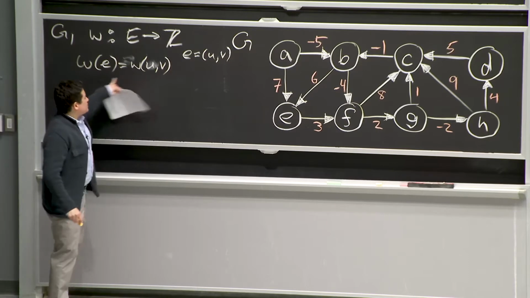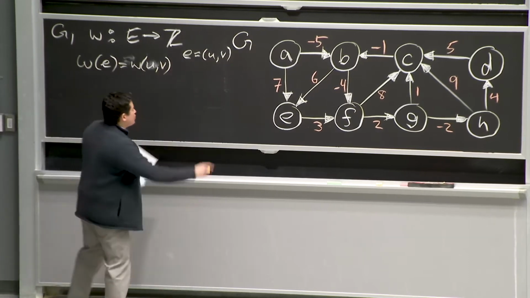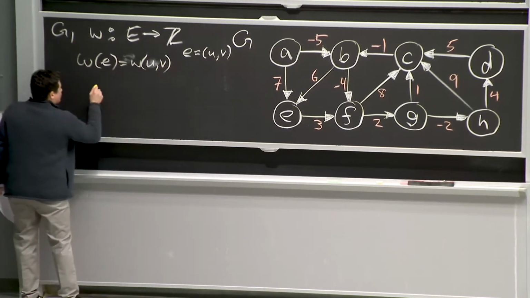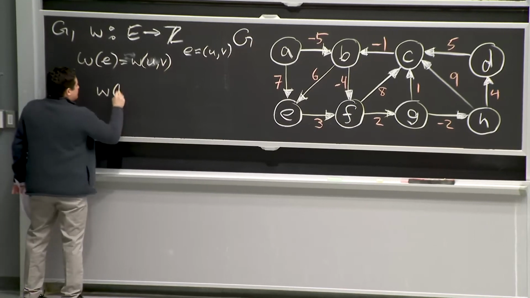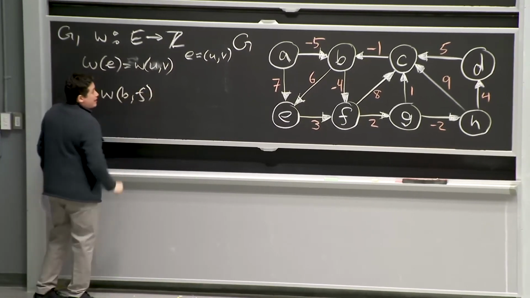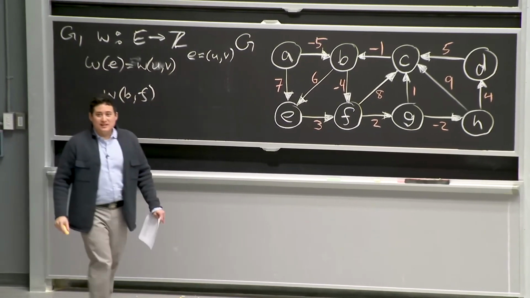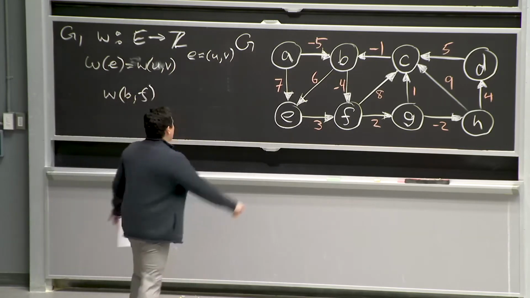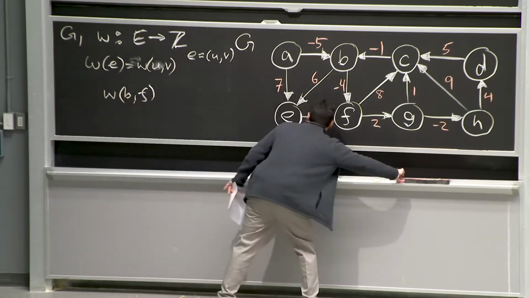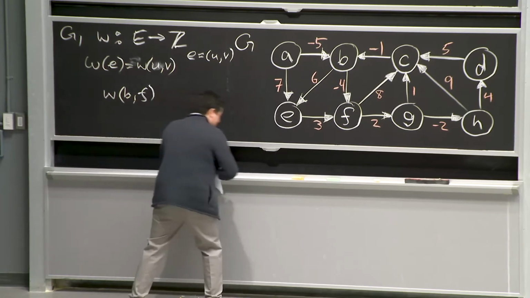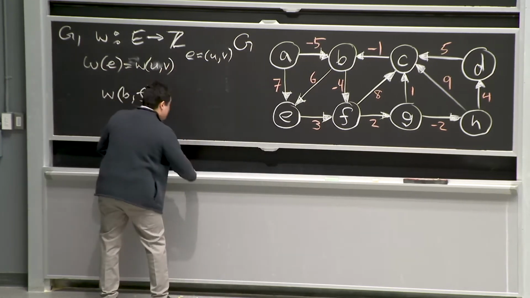But this is just talking about our notation. So in general, for example, the weight from vertex B to F in this graph is what? Can someone tell me? -4, right? It's right here, and I'll be consistent with my coloring because I've got colored chalk today.